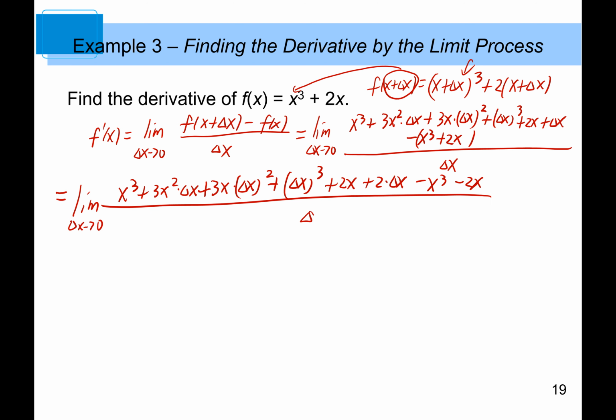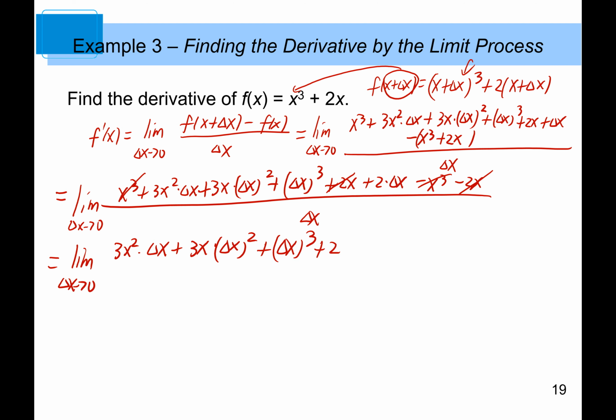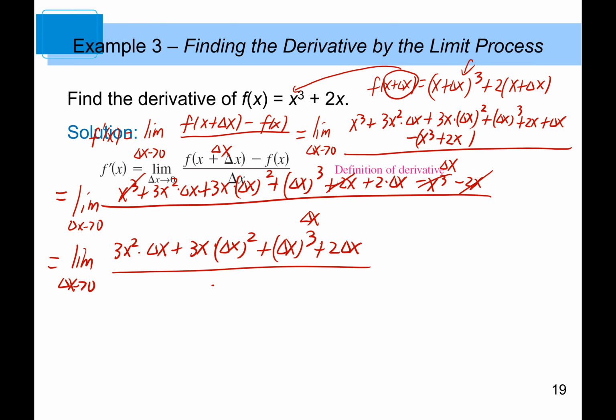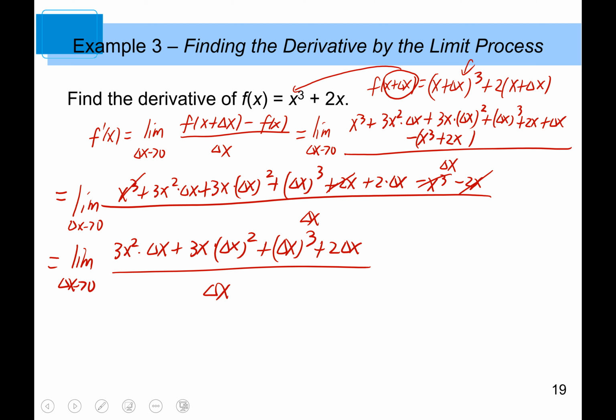Now we cancel x cubed, we cancel 2x, so everything else remains, right? What remains is 3x squared times delta x plus 3x times delta x squared plus delta x to the third plus 2 delta x, divided by delta x.